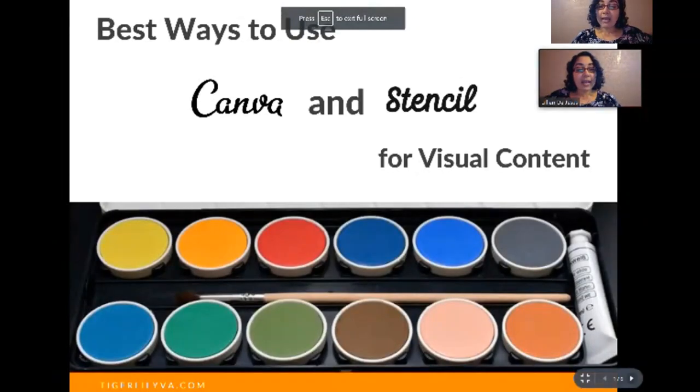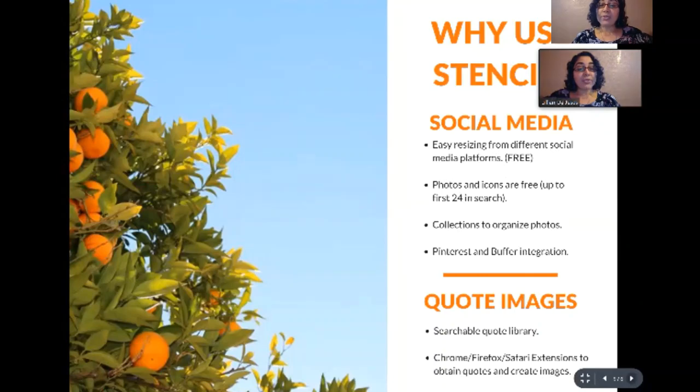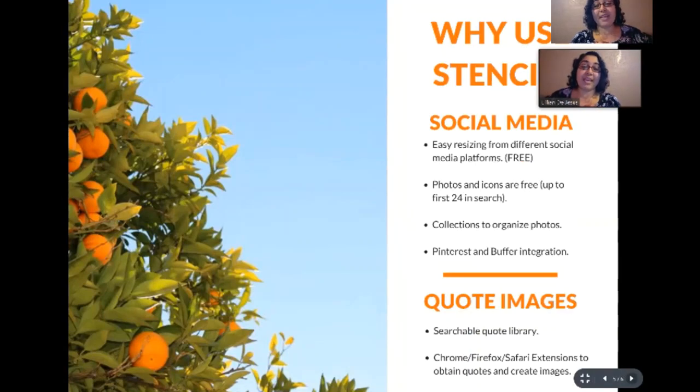So I already went through the features in Canva, not all of the features, but all the features that I love and adore and use. And then in Stencil, I've gone through the social media sizes, collections, the integration to social media, and then the quote images. That's a complete win on Stencil.